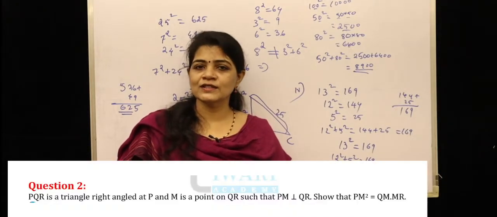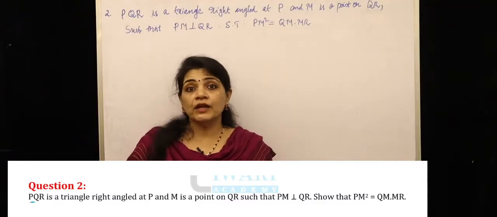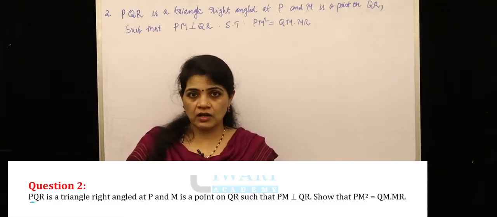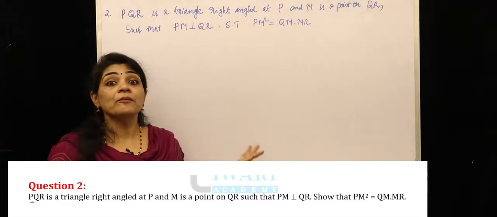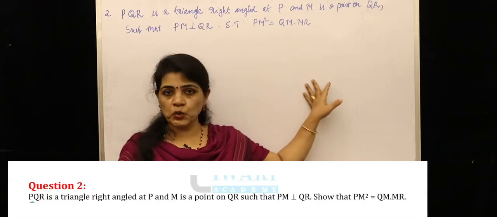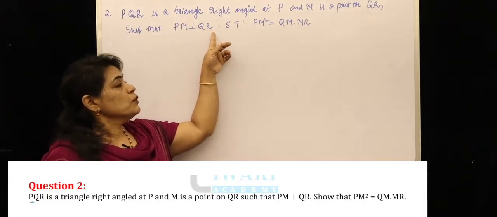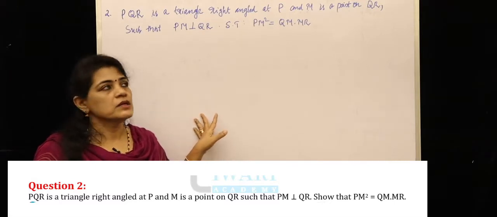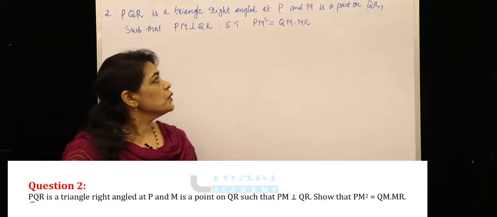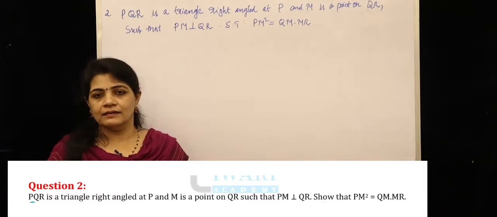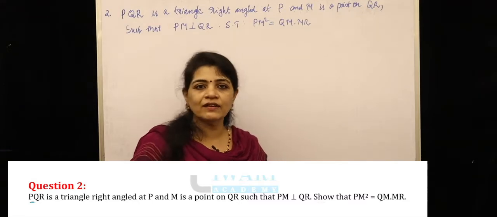This is all about the first question. Now the second question: triangle PQR is right angled at P, and M is a point on QR such that PM is perpendicular to MR. Show that PM square is equal to QM into MR. First of all we can draw the triangle based on the given details.